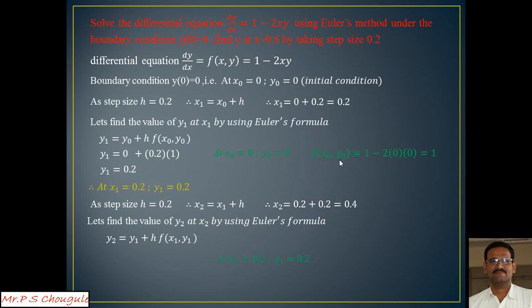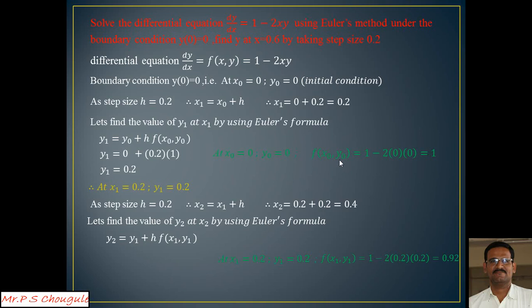For that I need to calculate the function first. So at x1 equal to 0.2 and y1 equal to 0.2, the value of f of x1, y1 will be 0.92.